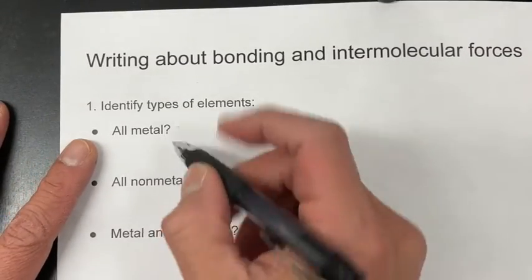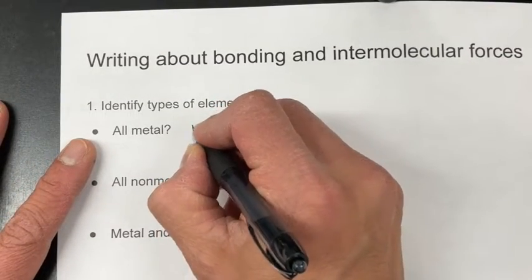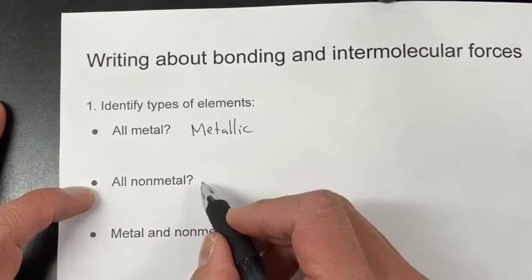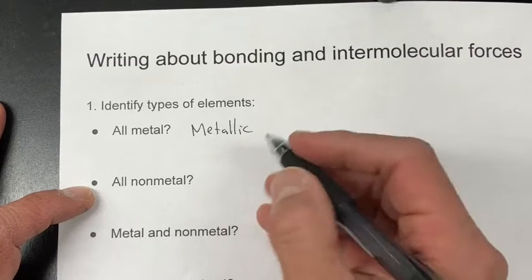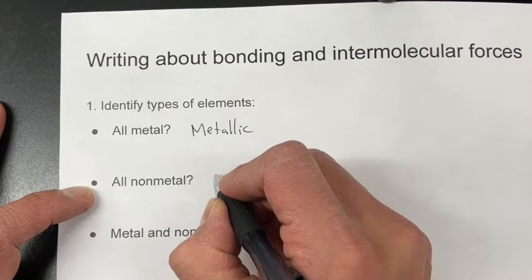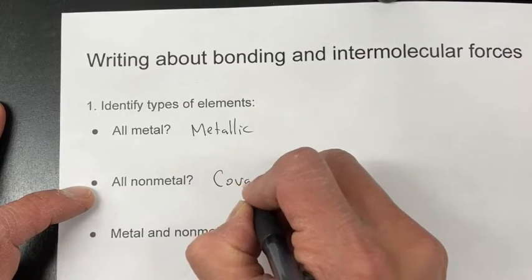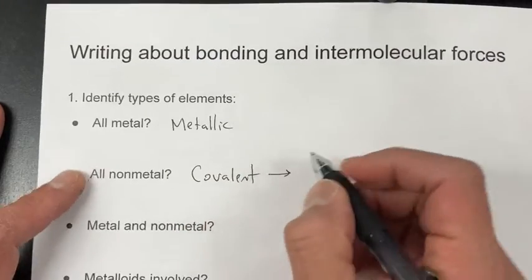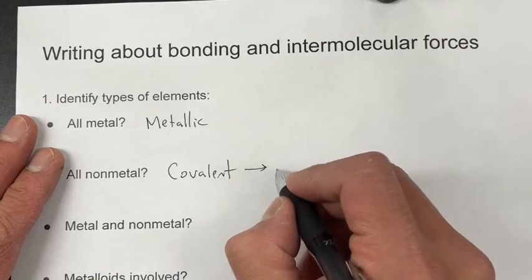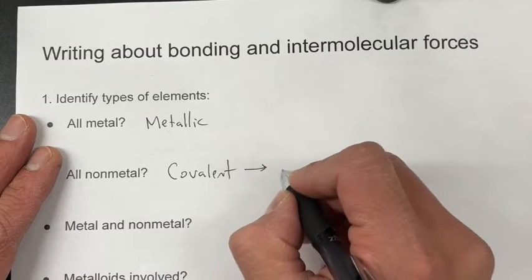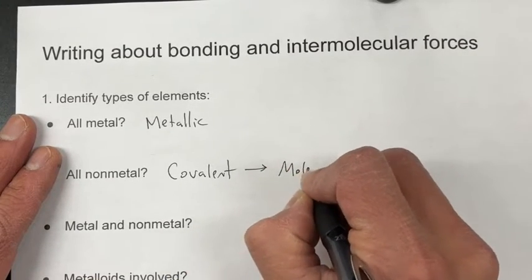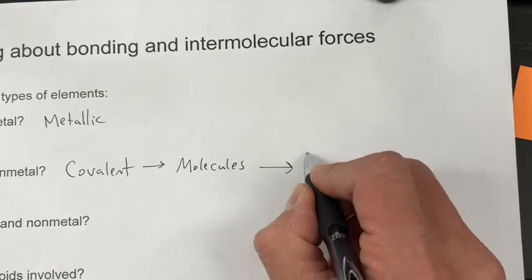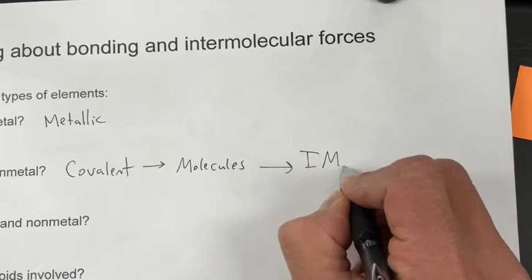If it's all metal, we're looking at metallic bonding. If it's all non-metal, then we're looking at covalent bonding. And if I have covalent bonding, I definitely have molecules, and that's automatically going to tell me I have something to do with intermolecular forces.